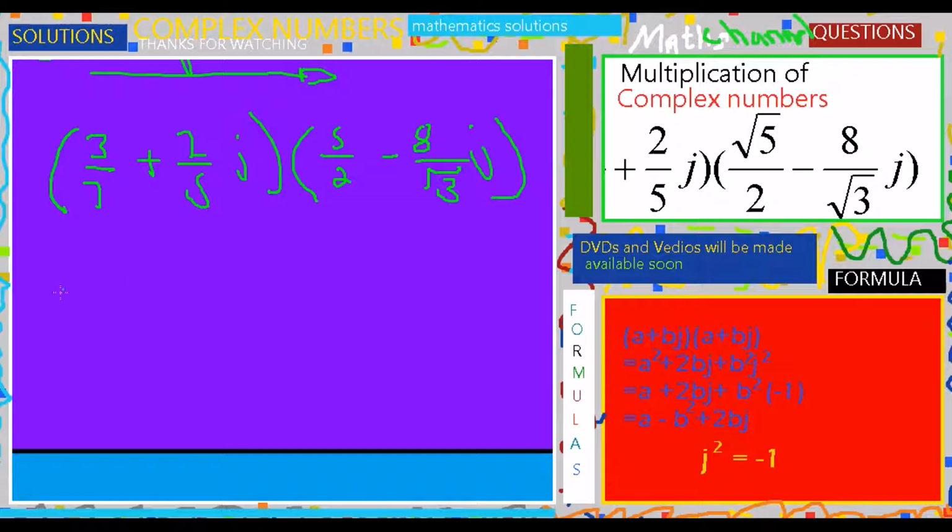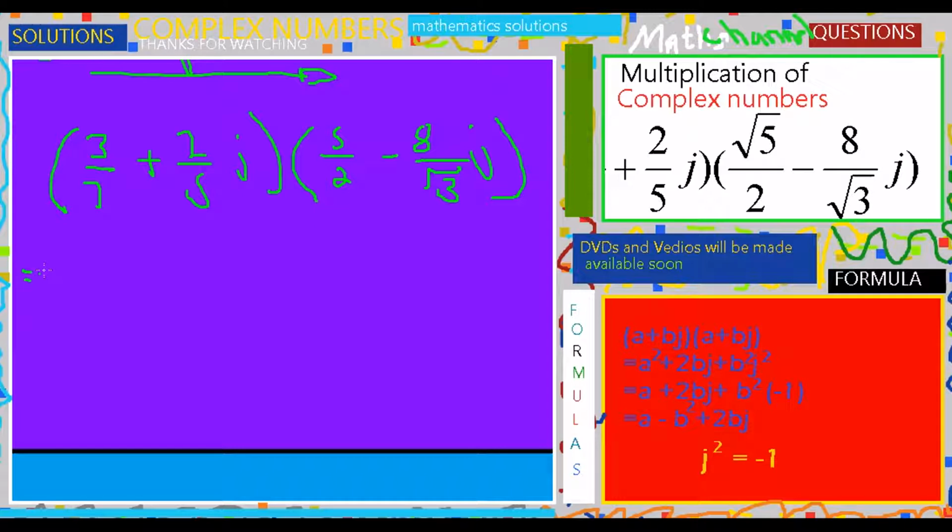So this one is a fraction, so we have 3 over 7, close bracket, 5 over 2 minus 8 over 3j, and this one is big. Let me write it so that it has space.